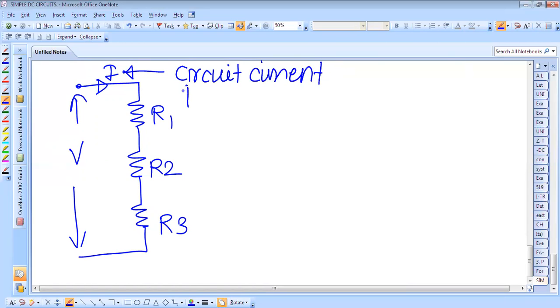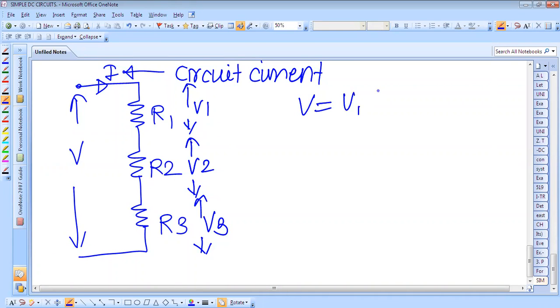Now what is the voltage across this? It is V1. What is the voltage across this resistor? It is V2. And what is the voltage across this? It is V3. So V, the applied voltage, is the addition of V1 plus V2 plus V3.